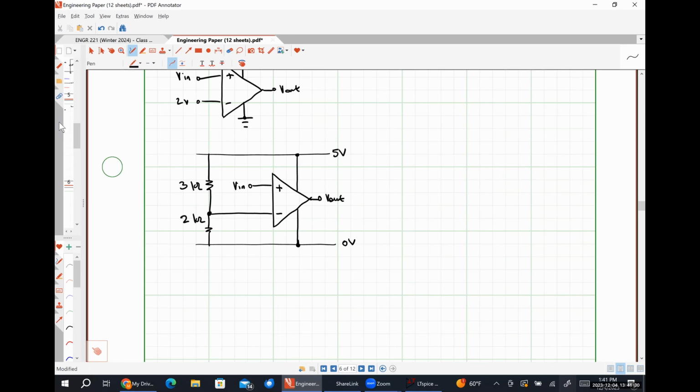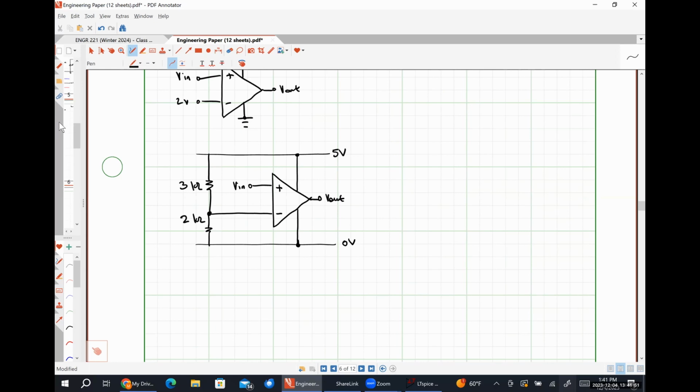AV is equal to 12. So what's 1.5 times 12? 18. Is 18 less than VCC plus? Yes, so I'm not going to have saturation distortion for positive voltages. Is negative 1.5 times 12 more negative than negative 20? It is not, because it's just negative 18.